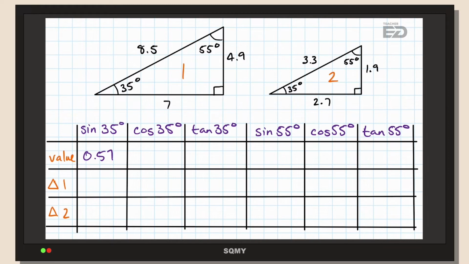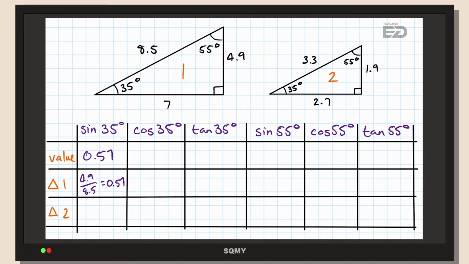We know that sine is opposite over hypotenuse, so that's going to give us a ratio of 4.9 over 8.5. Put that in our calculator, and we get about 0.57 again.